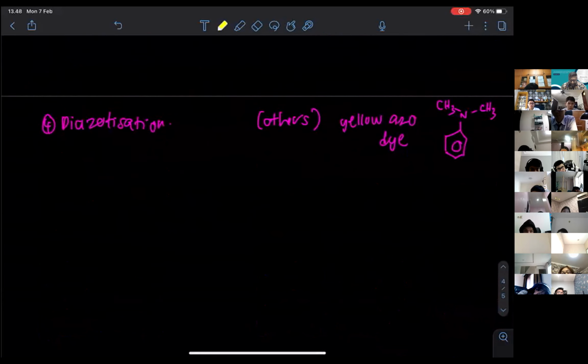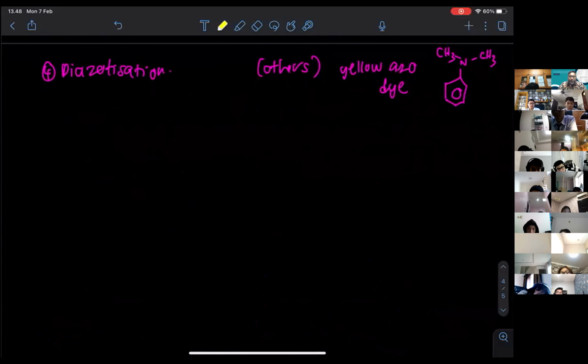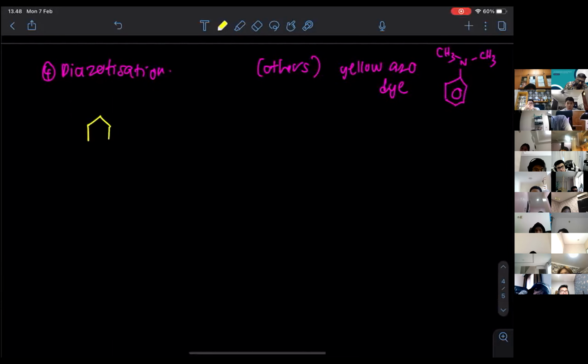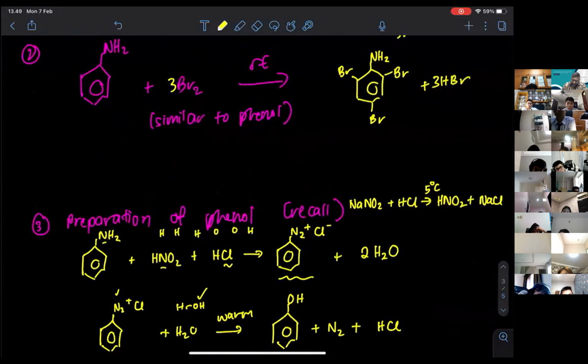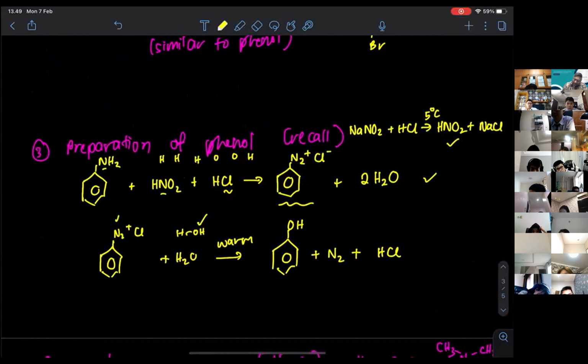And then the diazotization reaction. This is also recalling, it's not something new. Once you get this phenylamine, it will go through 2 steps. The first step is the one that I wrote just now, these 2 steps over there.